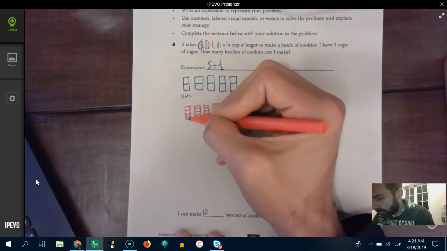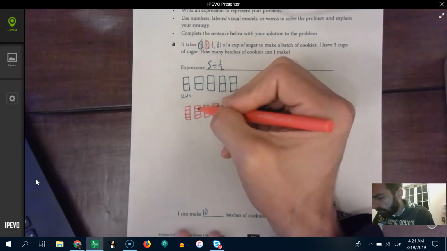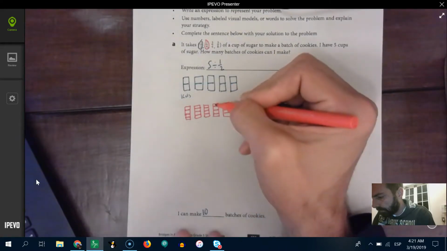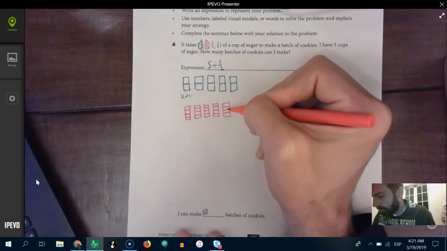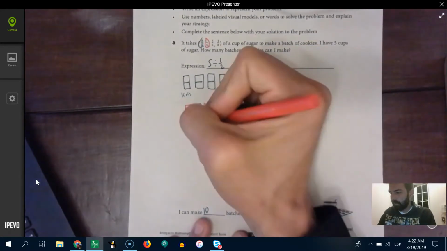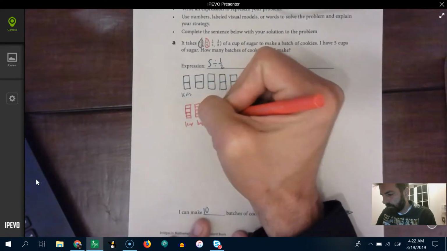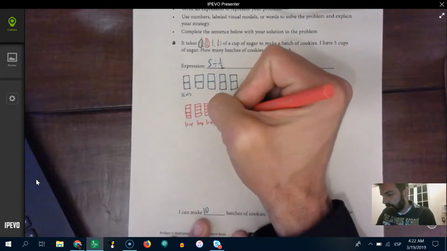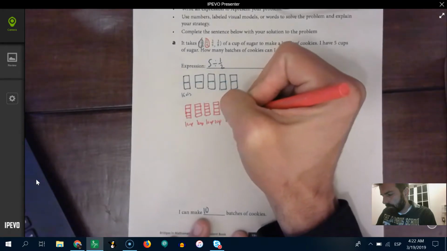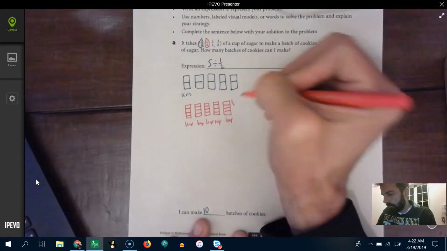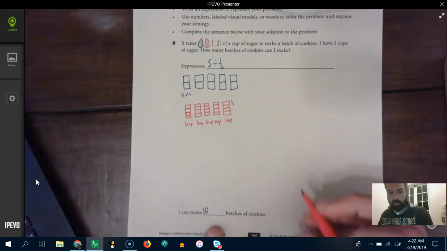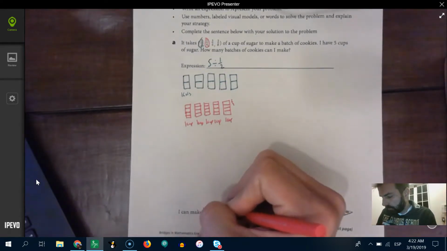And then count 1, 2, 3, up to 20. So again, each of these was 1 cup, and then I split them into 4ths. And that gives me, I could make 20 batches.